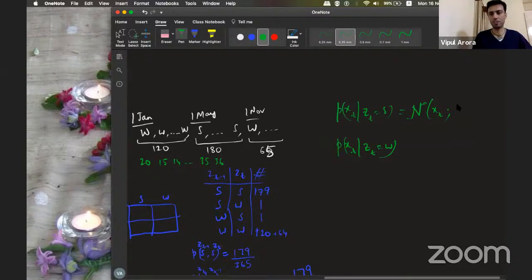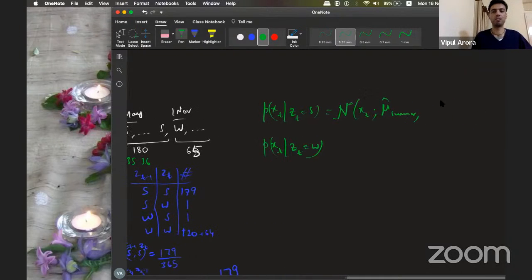So your mu hat of summers, comma, sigma, which you can also compute, sigma hat of summers. You know how to compute this from MLE estimation, right?